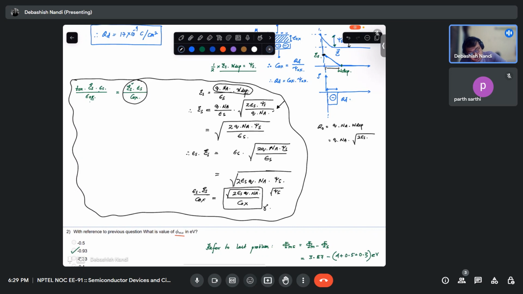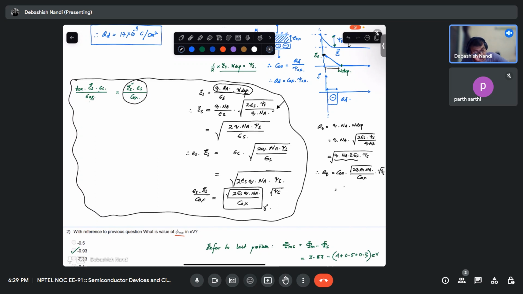So Qna times, what is your W depth? Root over 2 epsilon s times psi s over Qna, that is your root of Qna 2 epsilon s into psi s. This quantity Qd is equal to Cox times root over 2q epsilon s Na over Cox times root over psi s.